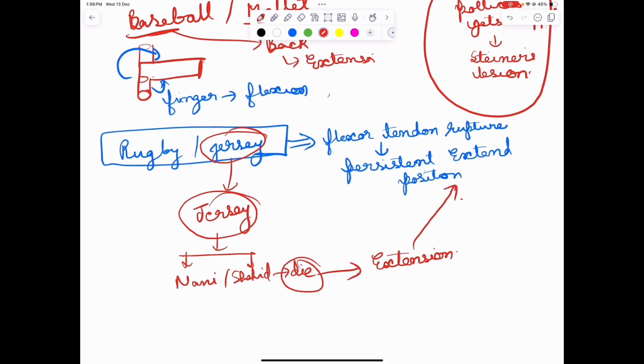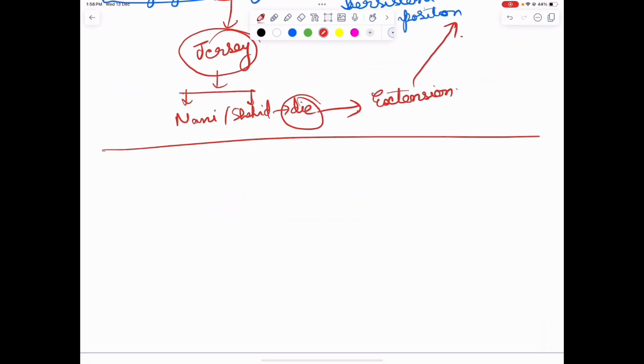So remember from here. Now we move on to the swan neck. What is swan neck deformity? In swan neck we have SFD. What is SFD? Street food of Delhi.